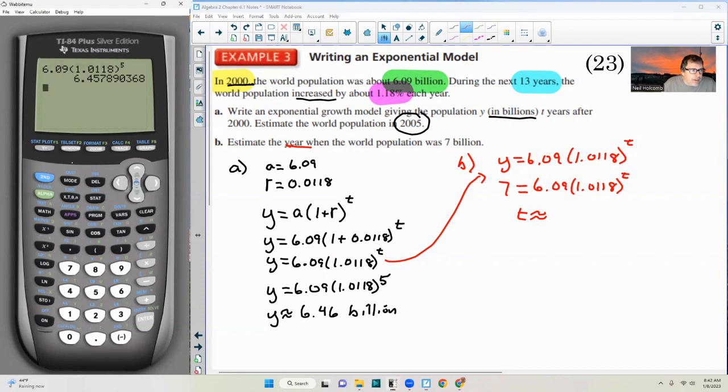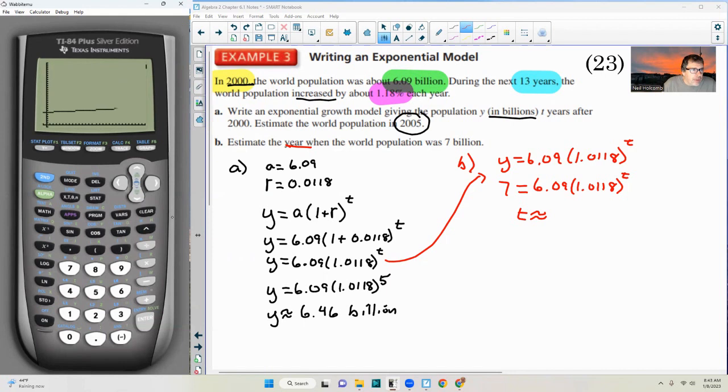So I'm going to go to my calculator and go to y equals and put my function in, 6.09 parentheses 1.0118 to the power of x, and graph it.